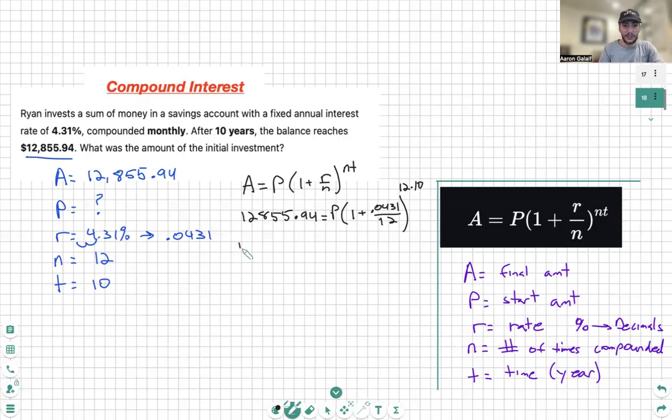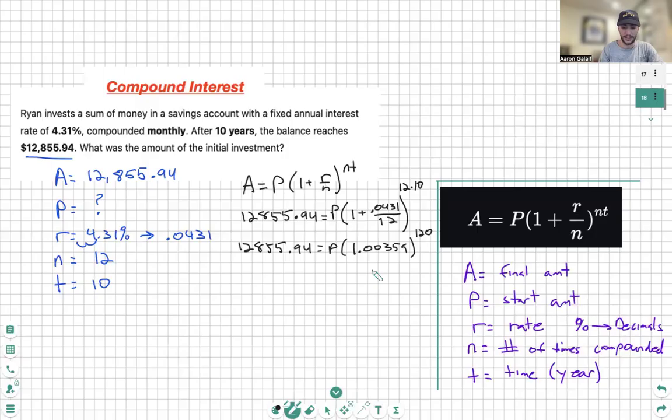And we get 12,855.94 equal to P times 1.00359 to the power of 10 times 12, which is 120. Next, I'm going to take 1.00359 to the power of 120.